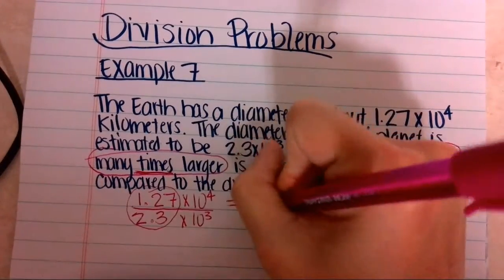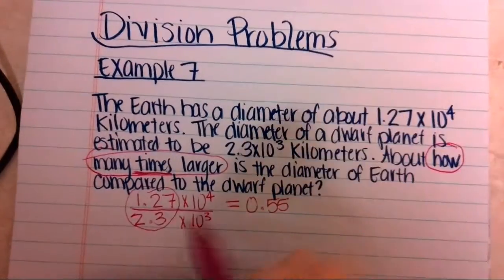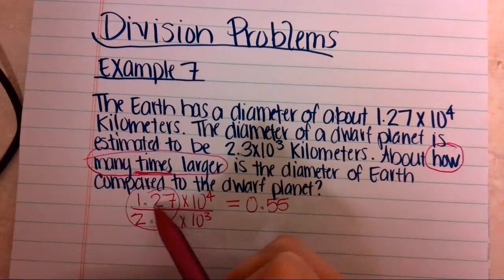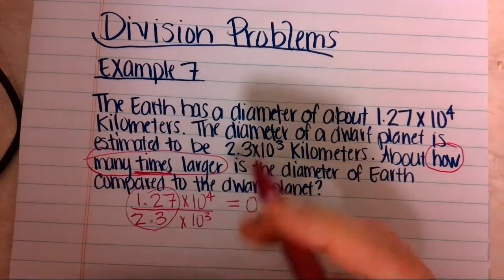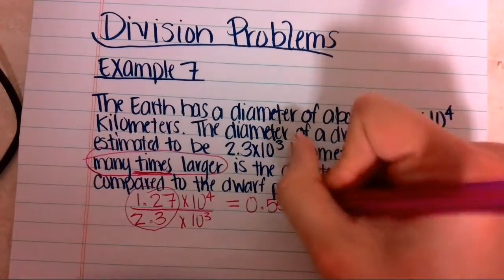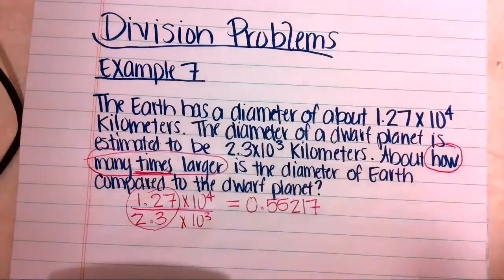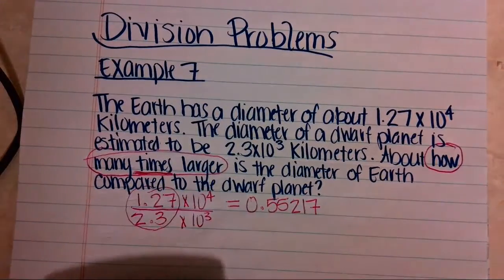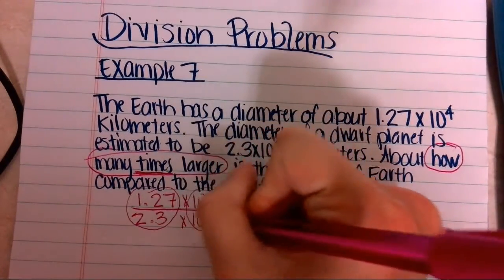That gave me 0.55. We had two decimal places here. So I'm going to use a couple of extra digits. So we're going to say 0.5517. Okay, and then I'm going to take these two numbers.